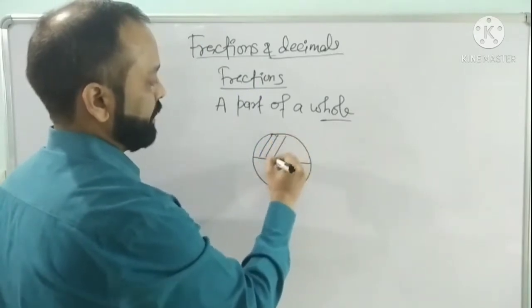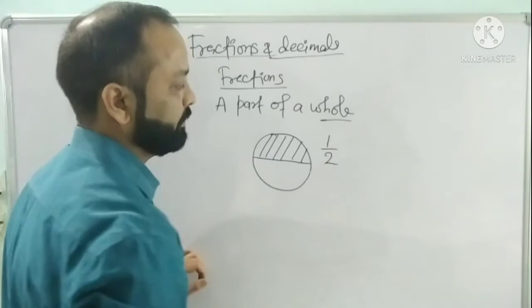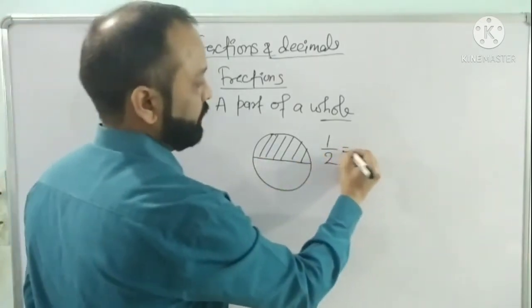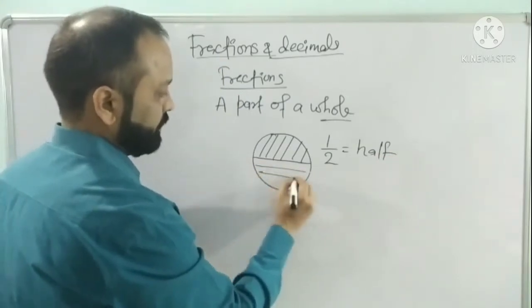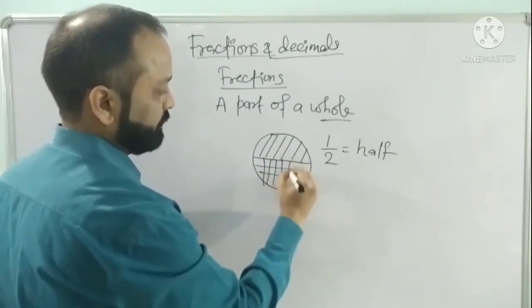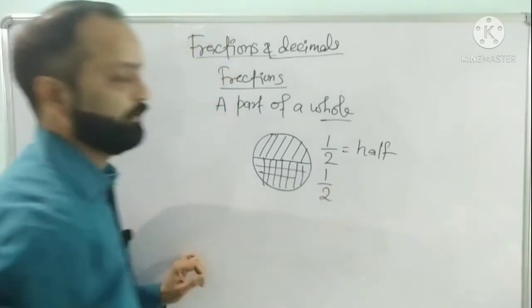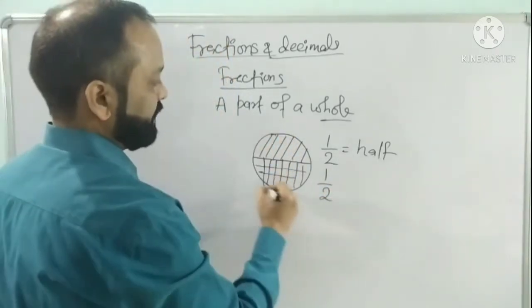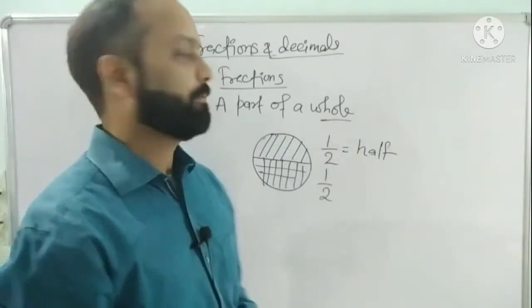So this part is 1/2 or half, and the other part is also 1/2. So this was a whole, and this is called fractions.